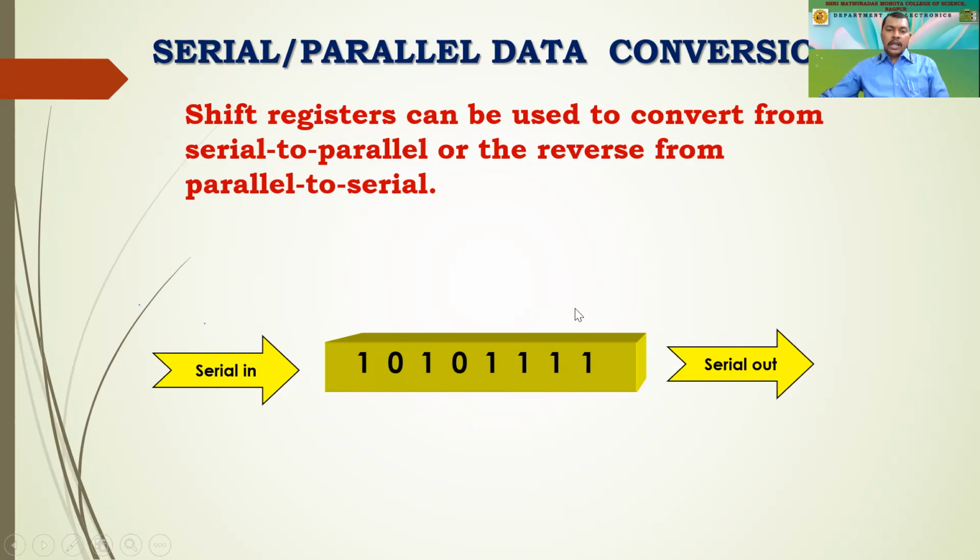So here I need to show you that we have an 8-bit shift register, and when we call it serial in and serial out, it implies that the data is given serially, bit by bit, and the output is taken in a similar fashion, bit by bit.